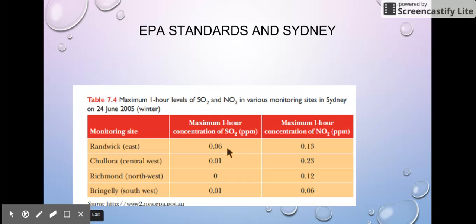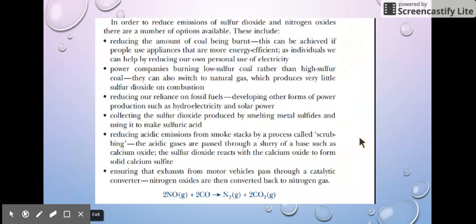And you can see that Randwick's quite high in the acid rain stakes for the sulfur dioxide. And if you're looking at Chullora, then that's pretty high out of the suburbs. There's a lot of car fumes out that way. And that was in June 2005, so we're talking about 12 years ago.